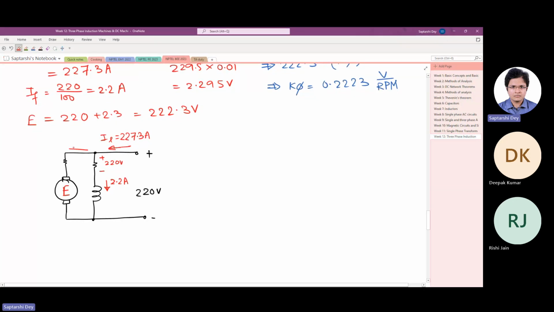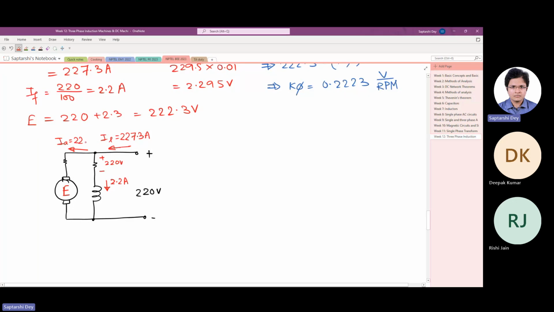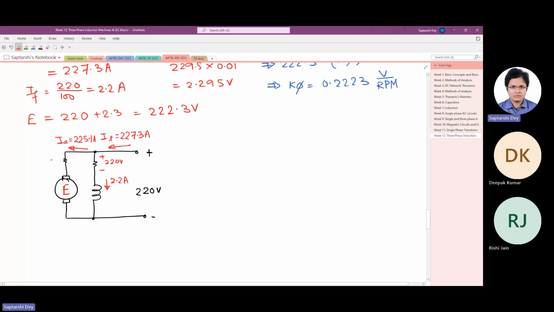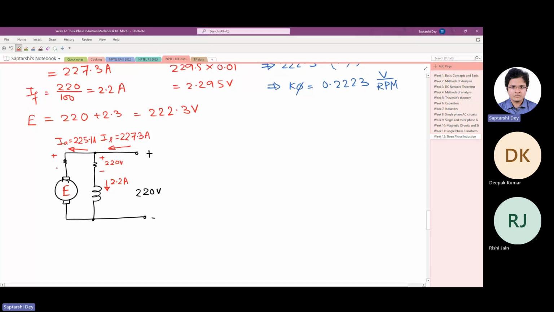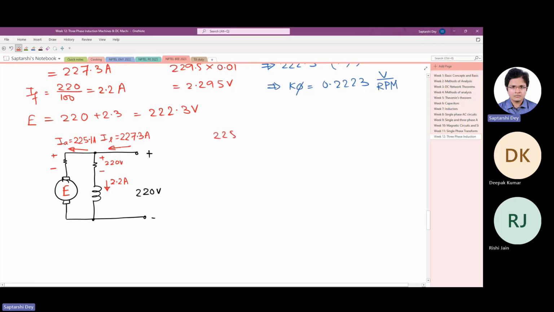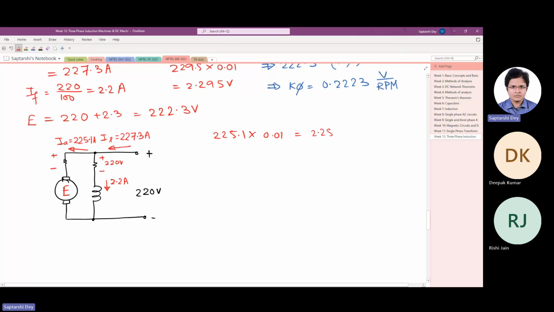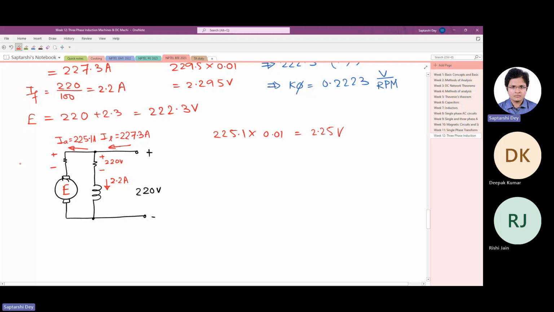So the armature current becomes IA equals 225.1 ampere. Now this causes a drop here. So 225.1 times 0.01, the armature resistance, gives you 2.25 volt. So this causes a drop of 2.25 volt here.